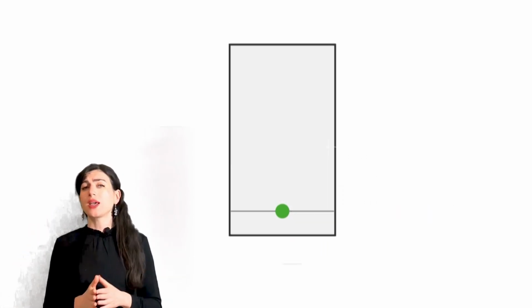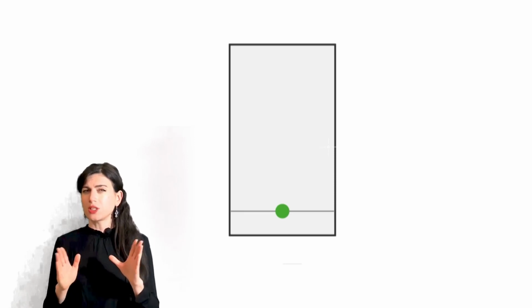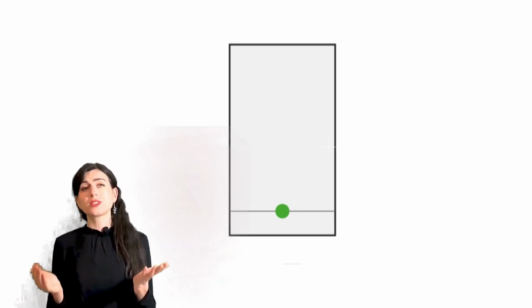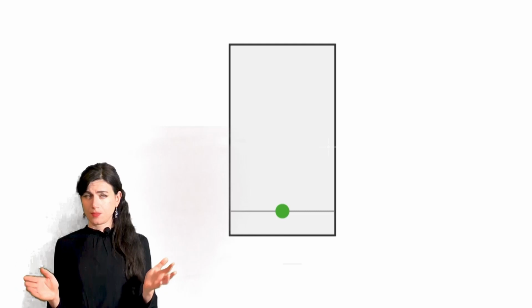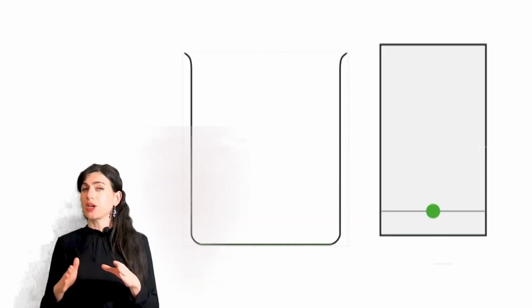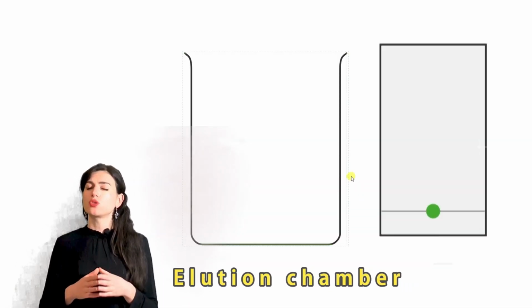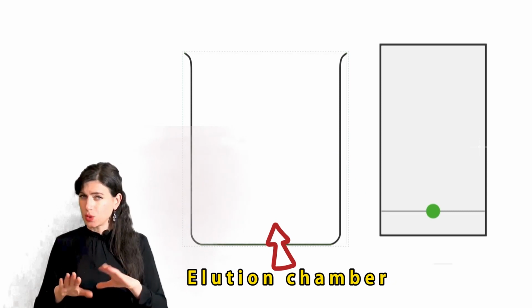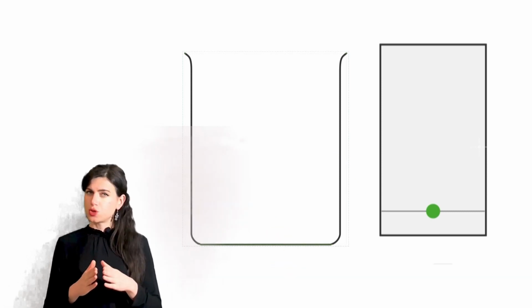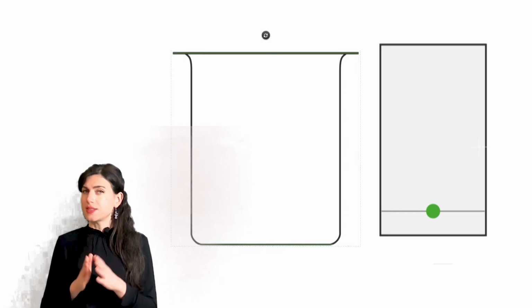Now, here we are showing an example of spotting just one sample, but you could spot many on the loading line. But let's continue. After spotting our sample, we prepare the elution chamber, a glass container with a lid. Paradoxically, it can also be a jar, as long as there is a lid.